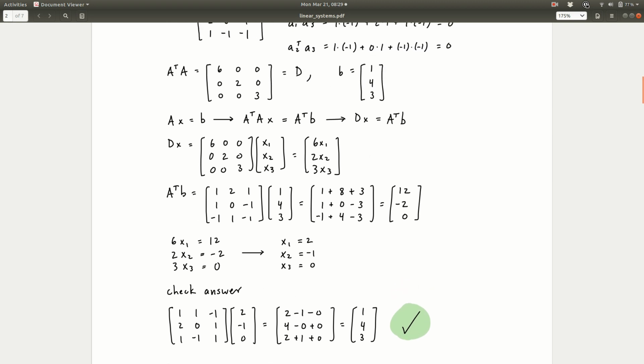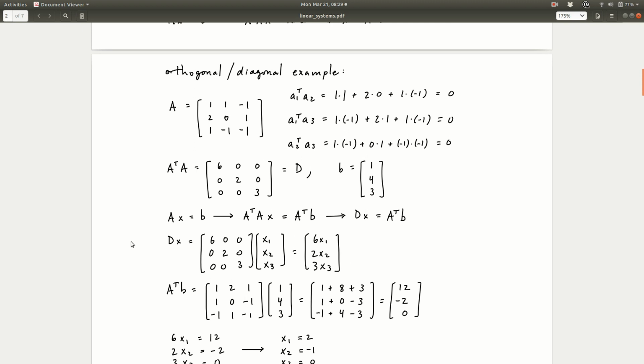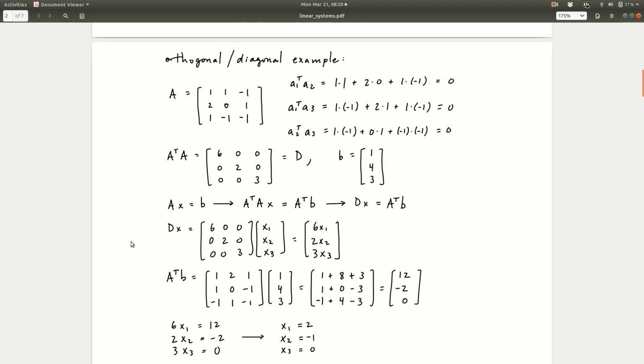So what we just checked is we found the vector x, 2, minus 1, 0, such that A times x equals b. And how did we do it in this example? We used the property that A is orthogonal but not orthonormal to transform the problem to Dx equals A transpose b. This is kind of interesting because now we have a new right-hand side that is known.